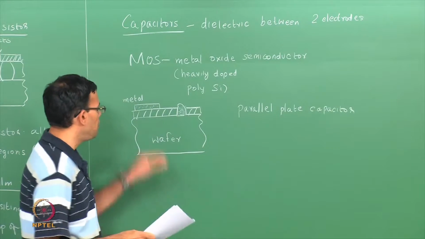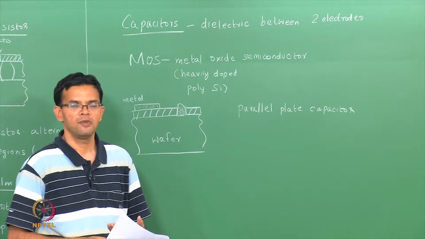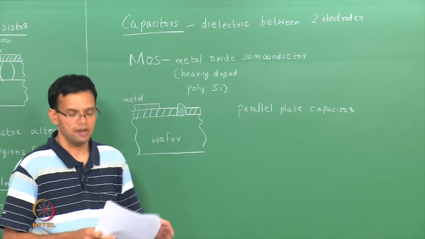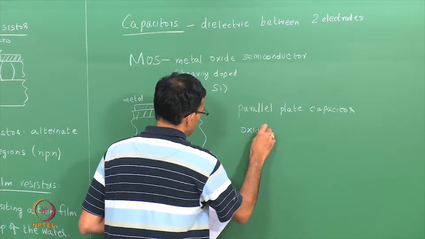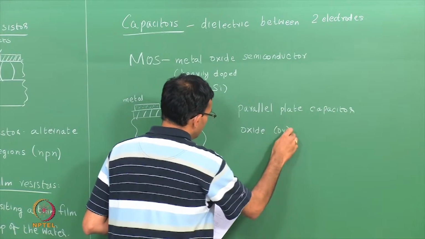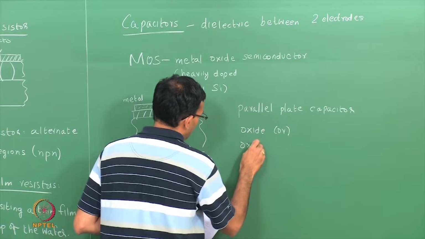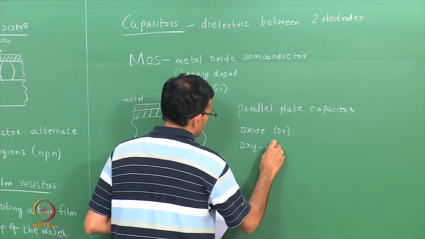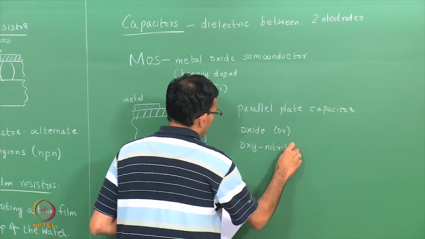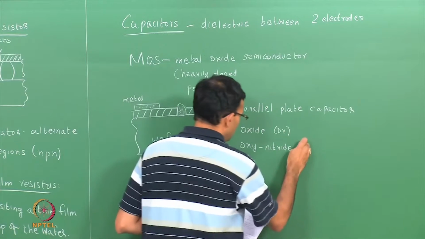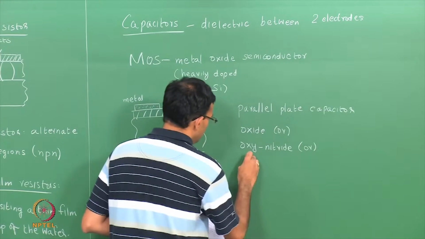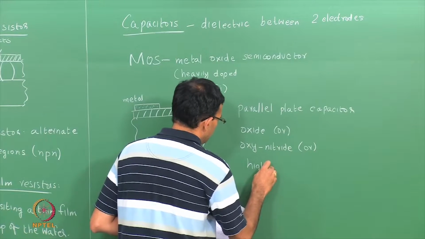Again, it need not be only an oxide layer, we could replace the oxide by any other dielectric. So, you could have an oxide which could be thermally grown, you could have an oxynitride layer which typically has a higher K value, this again can be thermally grown, or you can replace it with any of the high K dielectric materials.